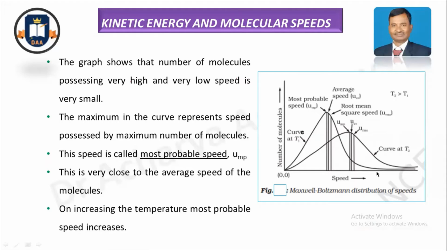One thing you have to remember: it does not touch the x-axis, it just goes above it. That means the number of molecules having the highest speed is very low, and similarly at the lowest speed, it is close to y equal to 0, so the number of molecules will be very small.